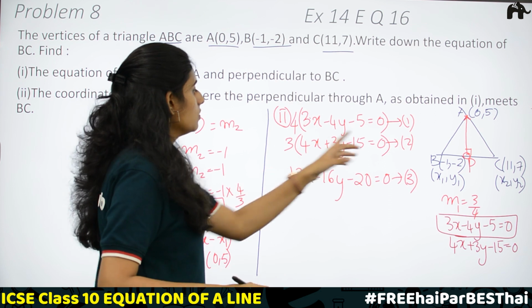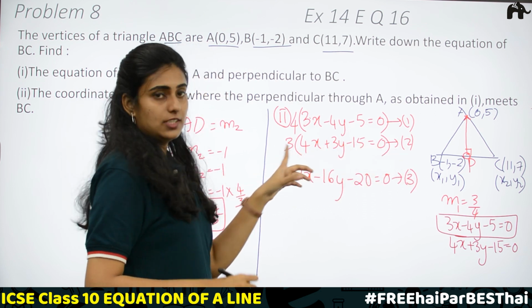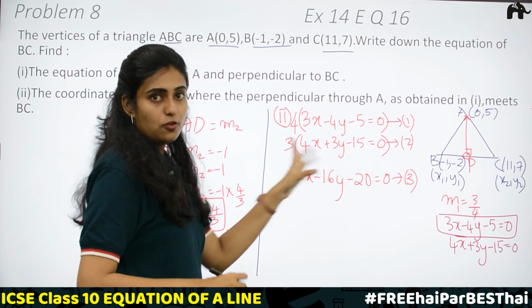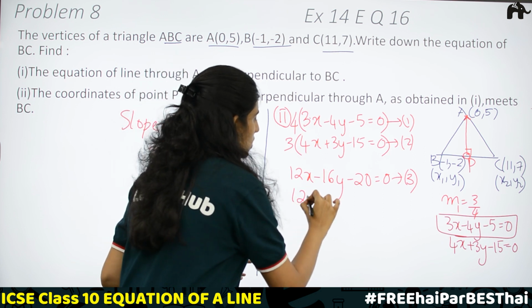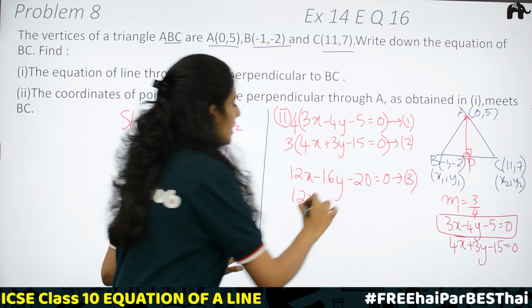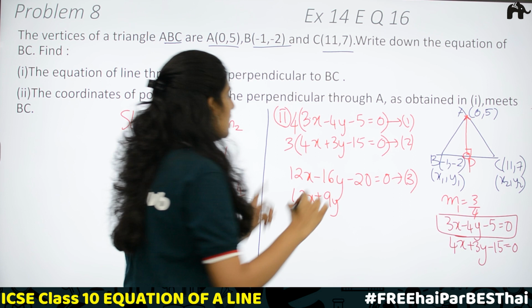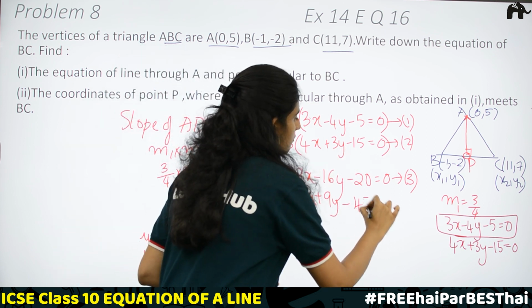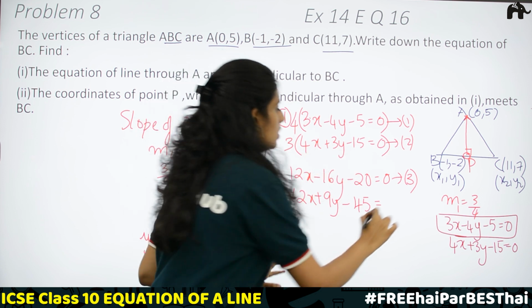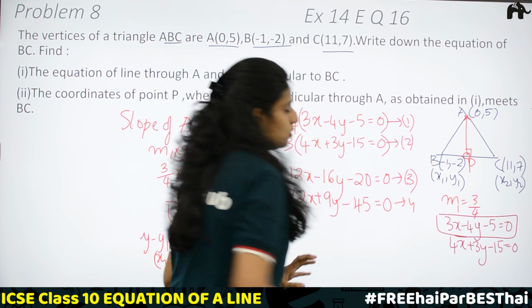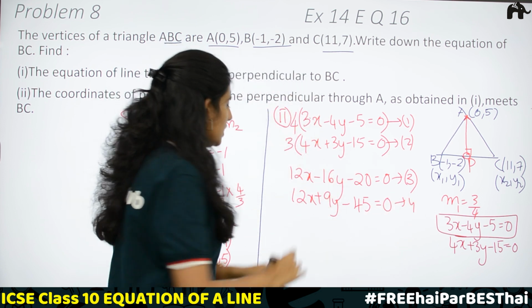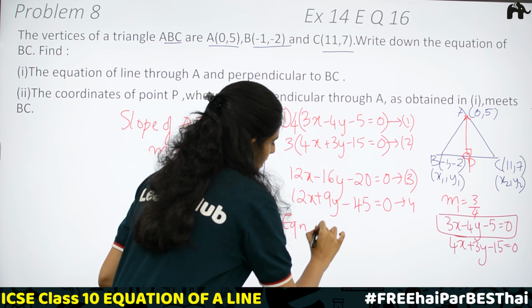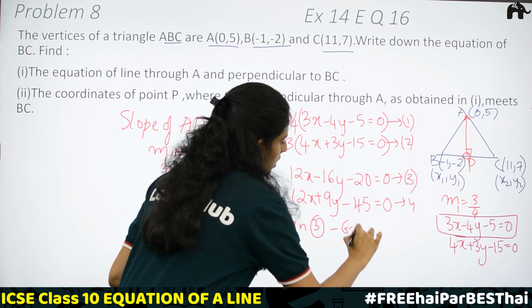Now, equation 2 into 3. We get 3 into 4x, which is again 12x, 3 into 3y, 9y, plus 9y, 3 into minus 15, minus 45, equal to 3 into 0, 0. Equation 4. Now, equation 3 minus equation 4.